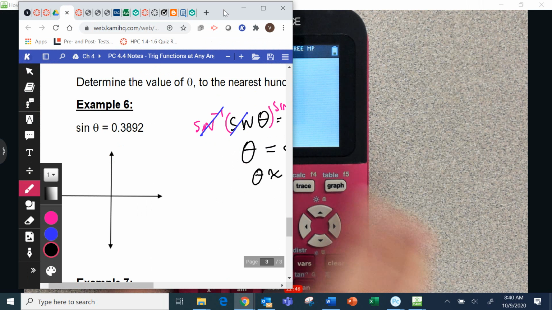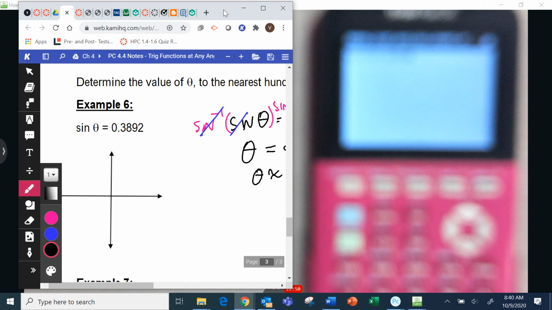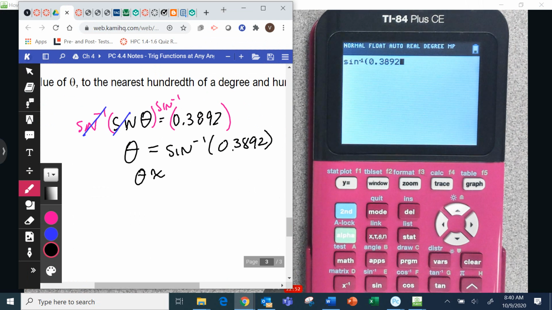There we go. So it's approximately 22.90473 something or another.